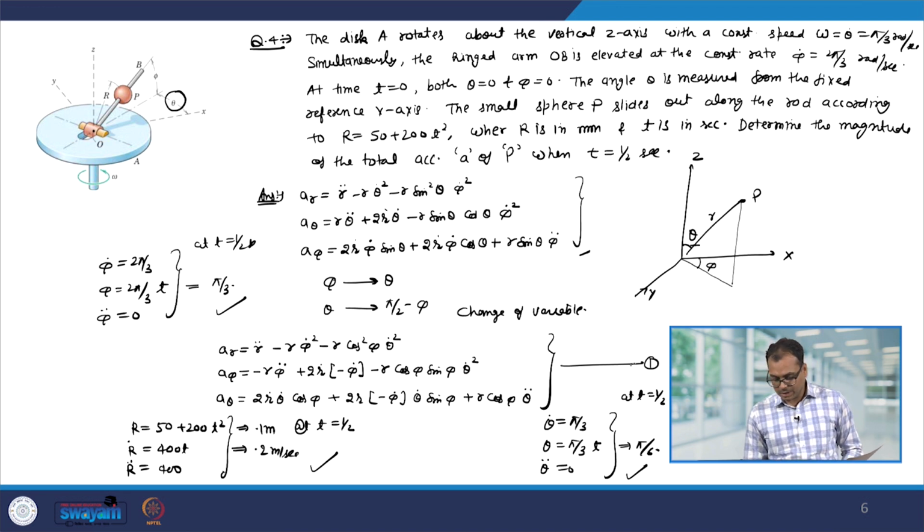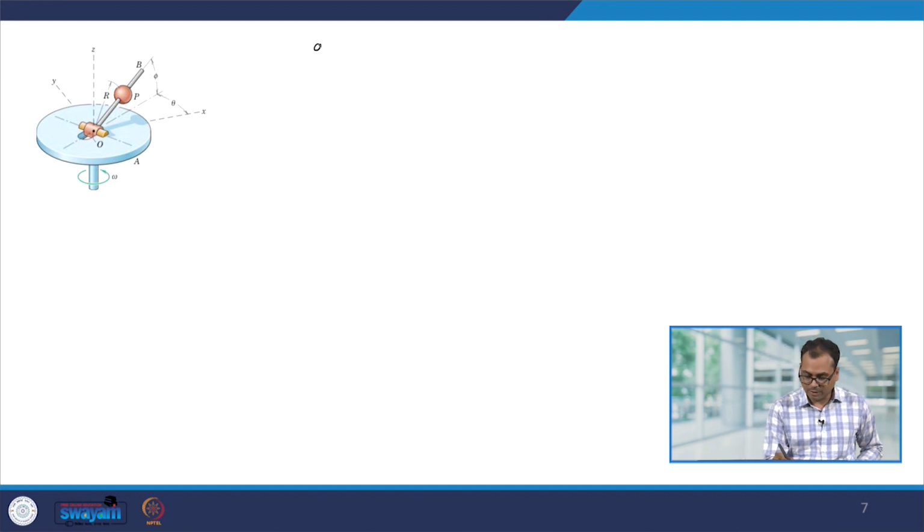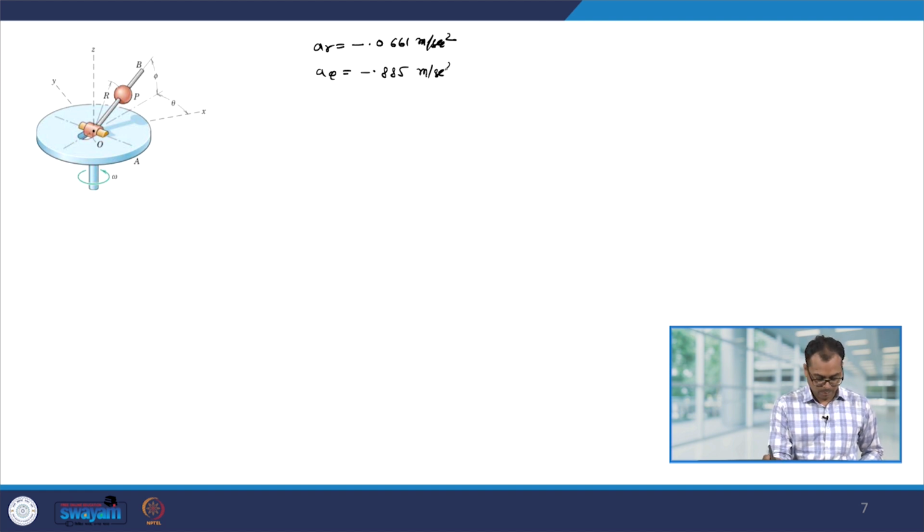This we can put in equation number 1 to find out what is A r, A phi and A theta. And when you do that, then A r comes out to be minus 0.0661 meter per second square, A phi comes out to be minus 0.855 meter per second square, and A theta comes out to be minus 0.1704 meter per second square.